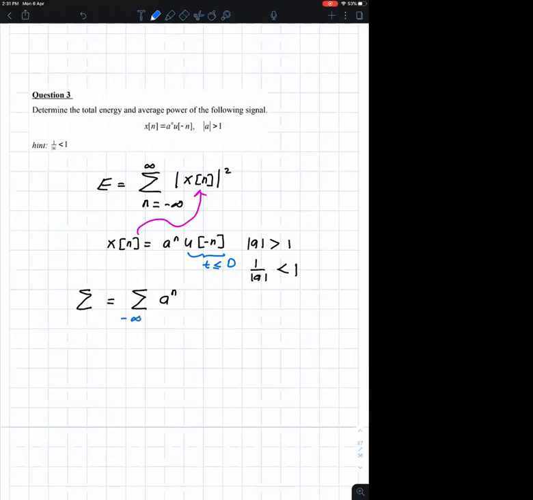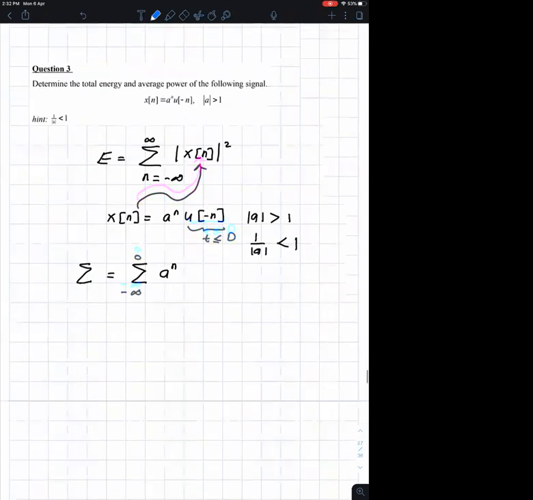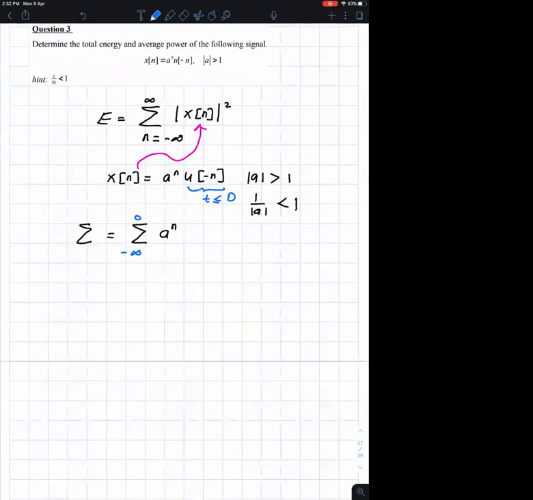Minus infinity, upper limit is 0, right? Okay, follow? Yes, sir. I forgot this is squared. So what you're going to have inside here is like that, right?